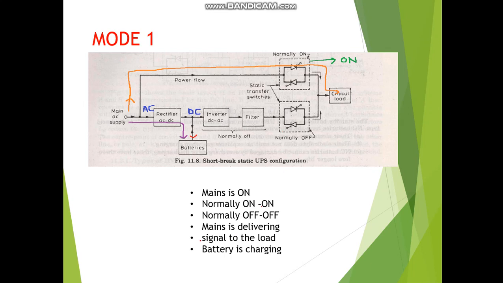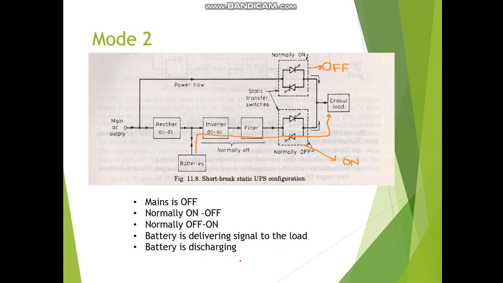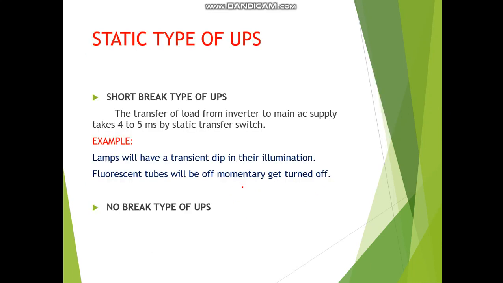The main is delivering the signal to the load and in this condition the battery is charging. In the second mode of operation, when the main is off, if there is any failure, interruption or fault in the main, then it is automatically off. The normally on switch is in the off condition and the normally off switch is in the on condition. Here the battery is delivering the signal to the load and the battery is in the discharging mode.